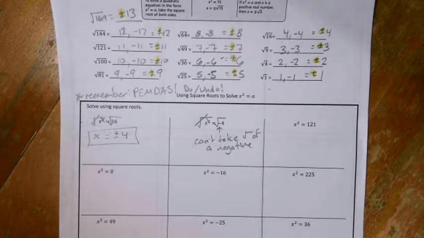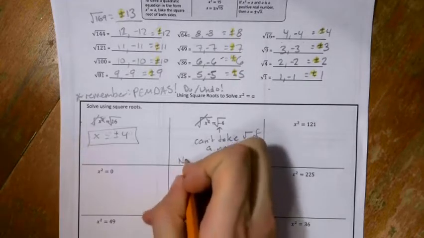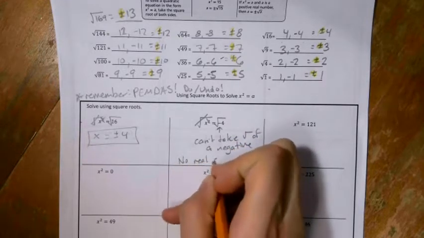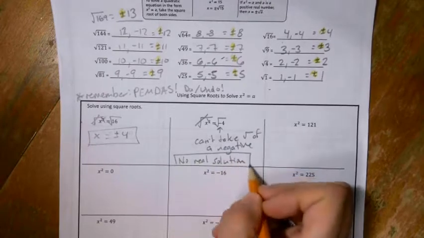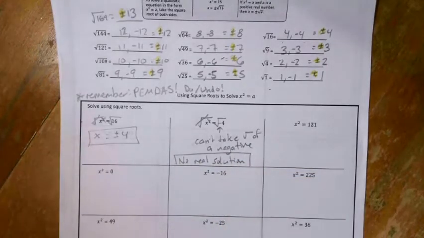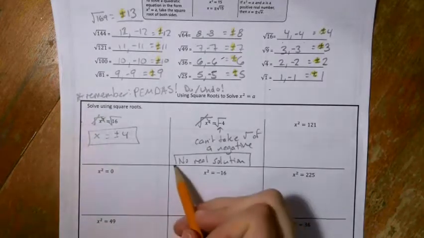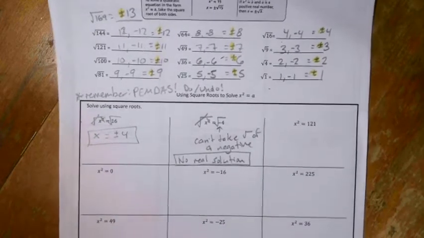I'm just going to tell you for Algebra 1, we can't do it. It's not possible. So the answer for this one is no real solution. For those of you who have heard of imaginary numbers, we've talked about them before, that's what a square root of a negative is, imaginary. So just write down no real solution. That's all you have to do when you see that.